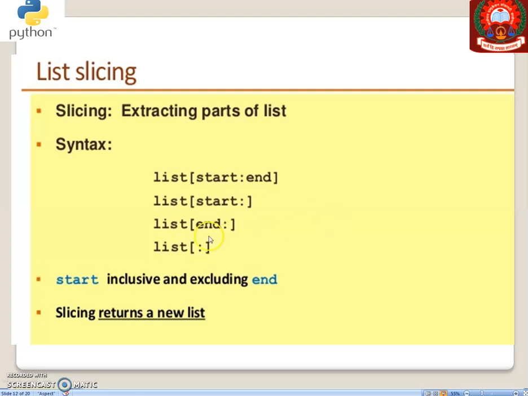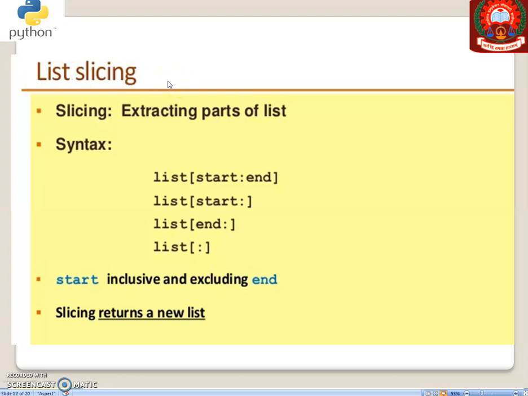Slicing the list means that if some list is provided, and from that list you want to select some value depending upon their index position, this concept will be used, and this concept is nothing but list slicing.